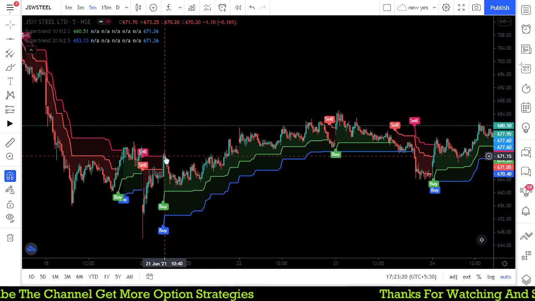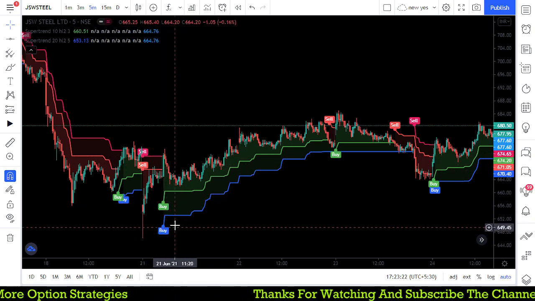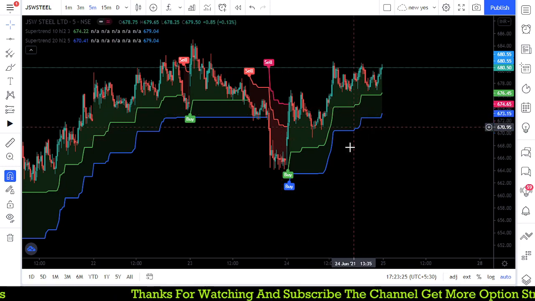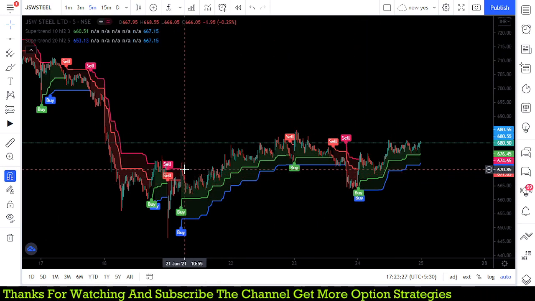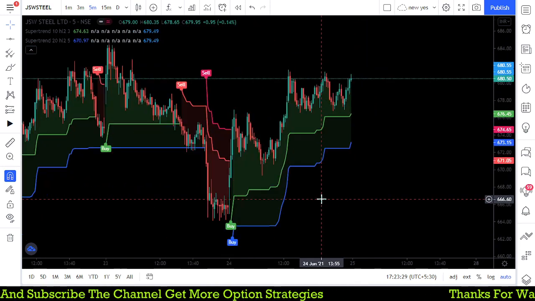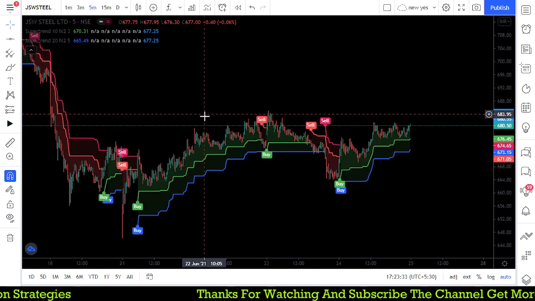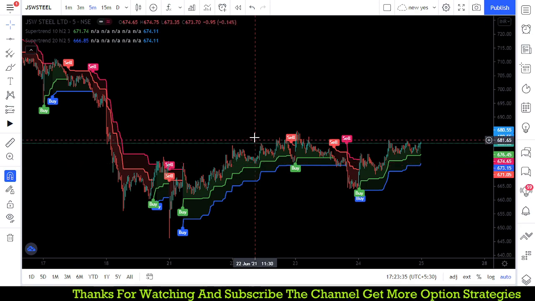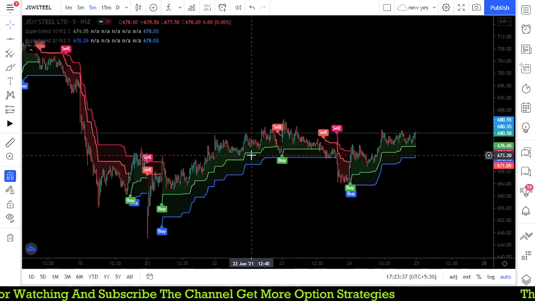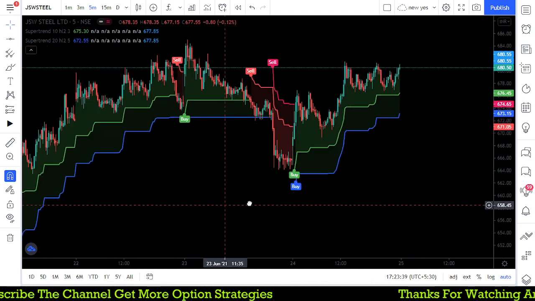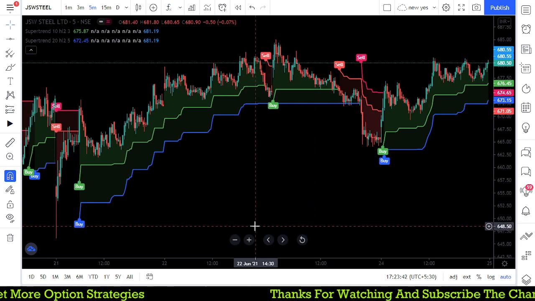See here, 680 is the lower entry and the stop loss is still 650, and now it is traveling around 680. Likewise we can find this in 5 minutes and in longer time frames, and that also works well on a positional basis or for investment purposes.